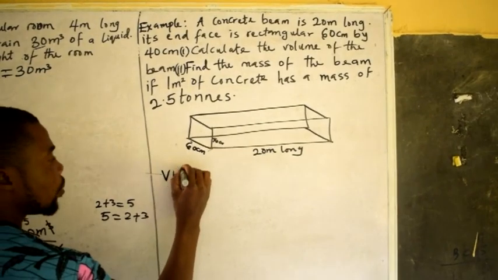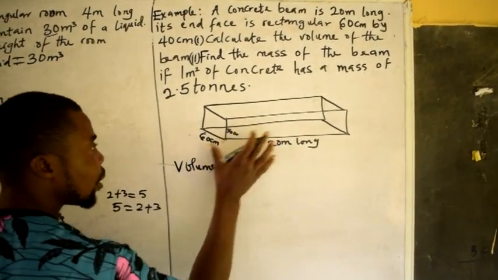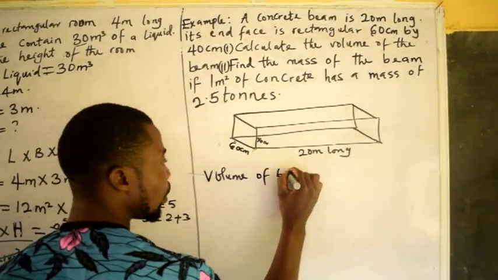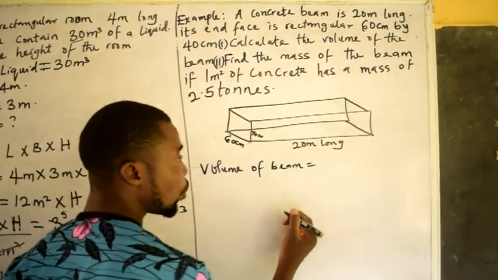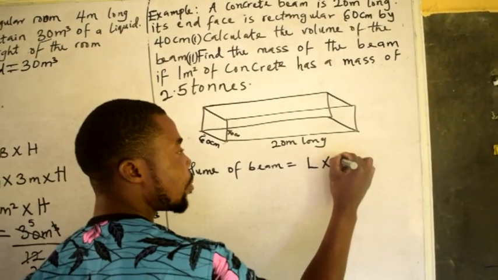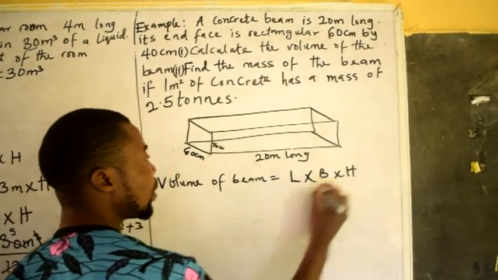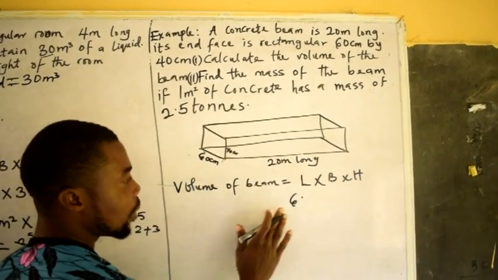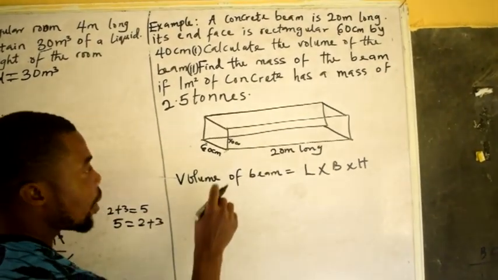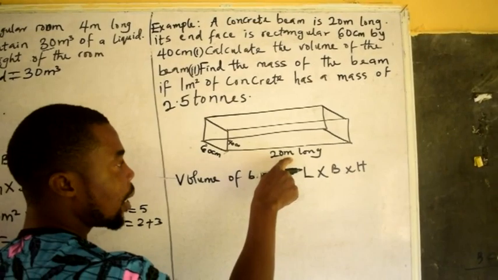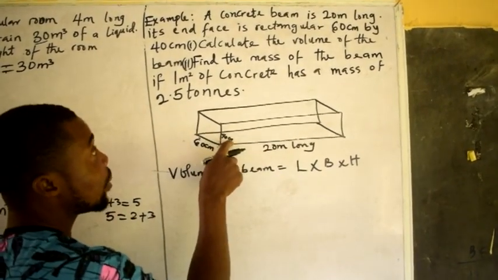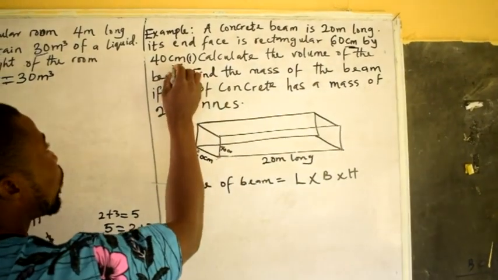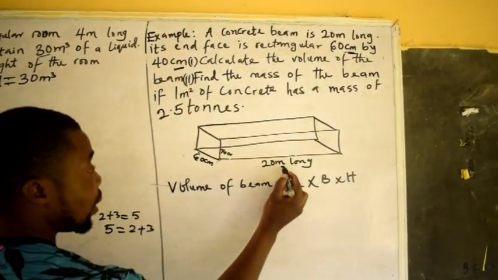The beam is like a cuboid. The volume of the beam is the volume of a cuboid, which is length times breadth times height. Don't forget, here we have 60 centimeters, 40 centimeters, and 20 meters.